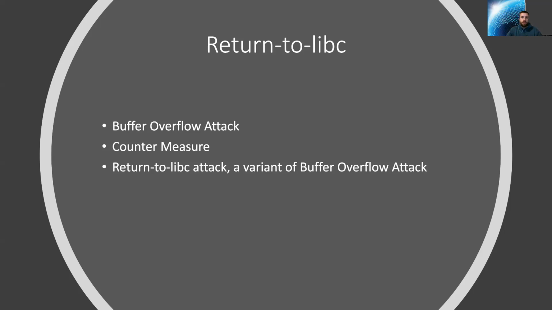That's what the return to libc attack does. And it doesn't even use any shellcode. So what it does is it causes a vulnerable program, instead of going to the stack, to return to the libc library, which is already going to be loaded in memory, and takes advantage of that. And that's where the exploitation happens.